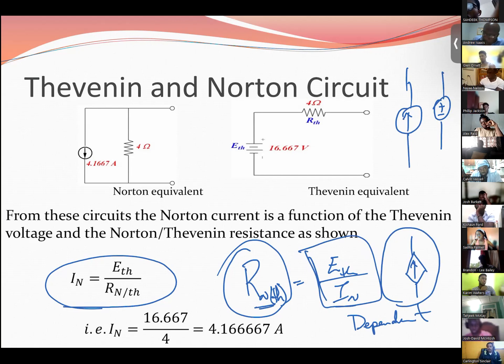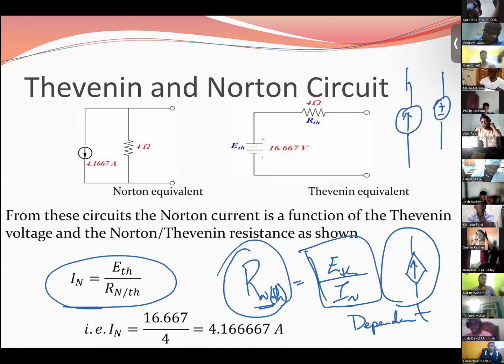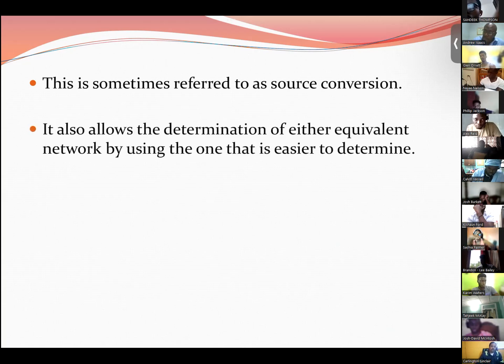So before we get into that, here are the points I just made. The relationship between Norton and Thevenin, we call it source conversion, but it's not really source conversion per se. It is the Norton and Thevenin equivalent circuits. All right? Secondly, it allows you to determine one and convert to the other. So if I want the Thevenin equivalent, but for you, it is easier to find the Norton, go ahead, find the Norton, and then convert it to the Thevenin. All right?